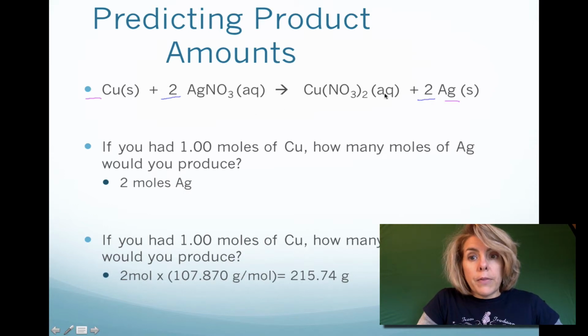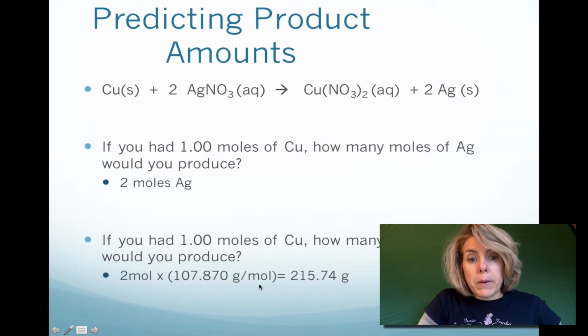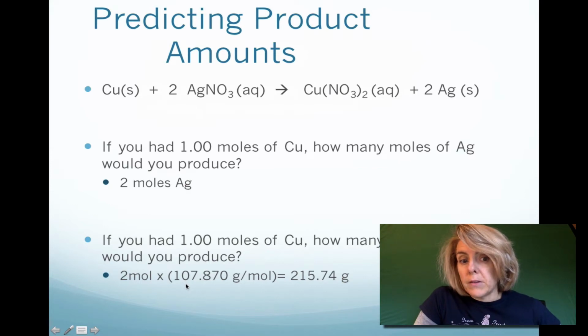Notice that there is a 2 in front of the silver. We're going to multiply it by the molar mass of silver, and that gives us the mass of silver. So here we took the moles of silver metal and multiplied by the molar mass of silver atoms, and we got 215.74 grams.